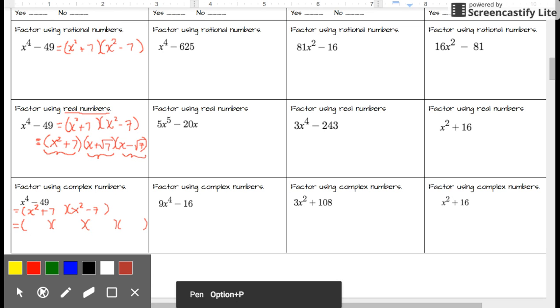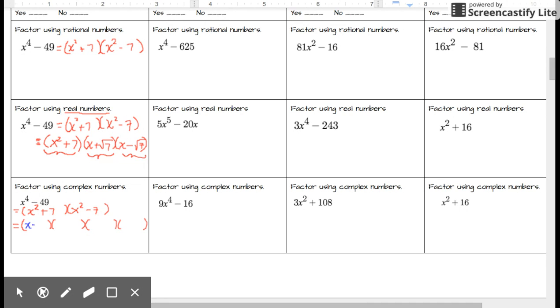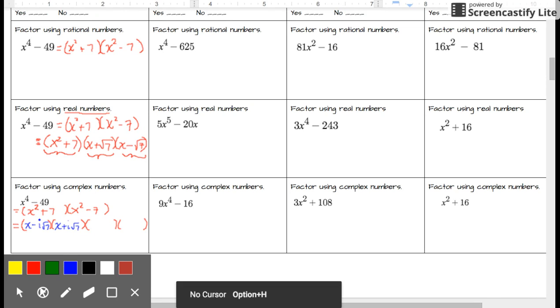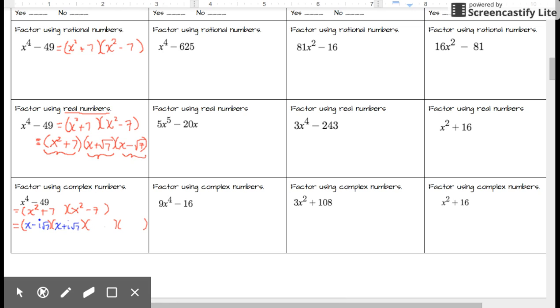All right, so for the sum of squares, the factors would be x minus i square root of 7 and x plus i square root of 7. For the x squared minus 7, the factors are x plus square root of 7 times x minus square root of 7.